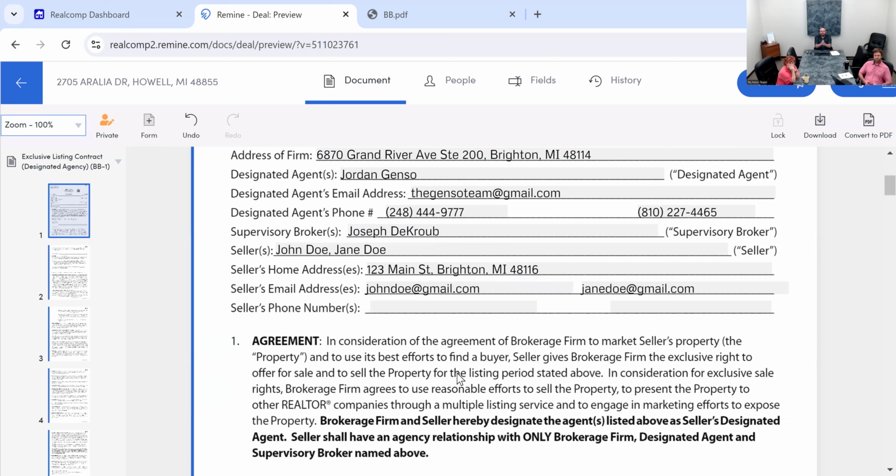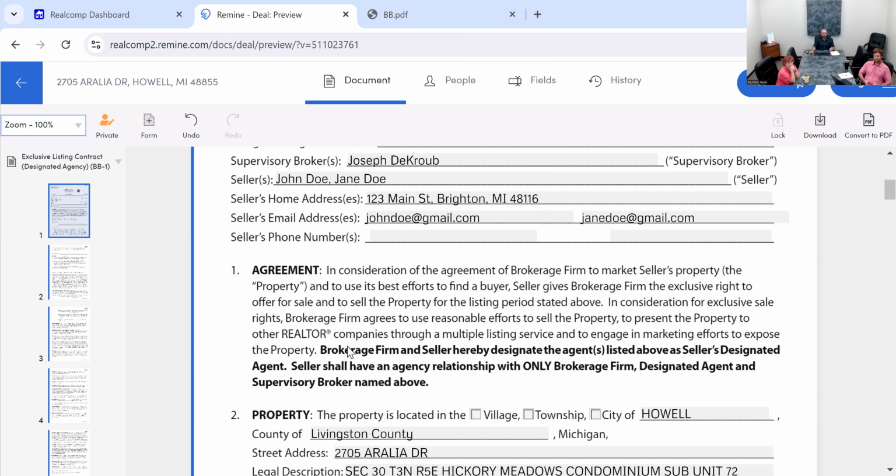So, this agreement is between the broker and you as the sellers. I'm an agent of the brokerage, but the brokerage firm is the other side of it. And then, I am being designated as the agent, and you as the seller shall have an agency relationship with only Remax Platinum, me as the agent, and Joe DeCrew.